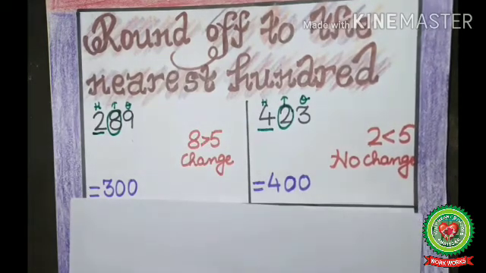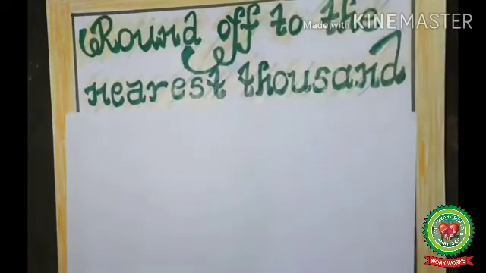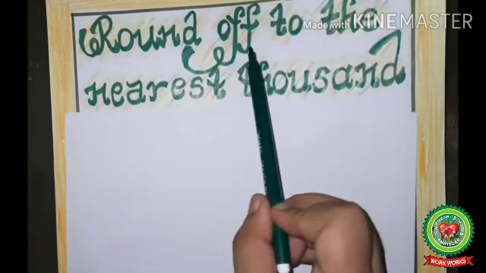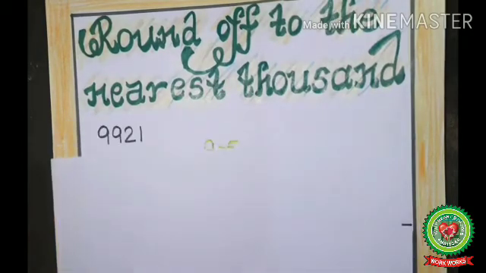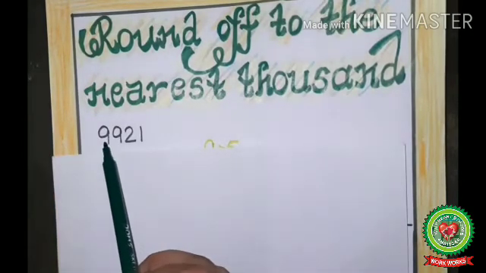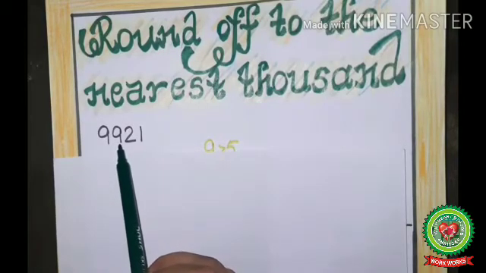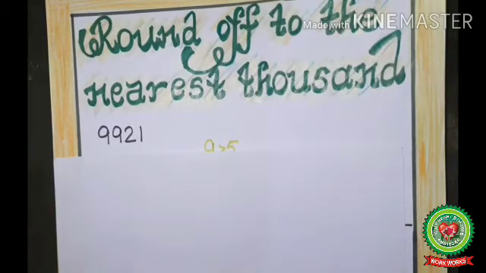Now students, let's understand how to round off to the nearest 1000. Round off to the nearest 1000. Example number 1, 9,921. Now, what is the first step? Write down the place value table.